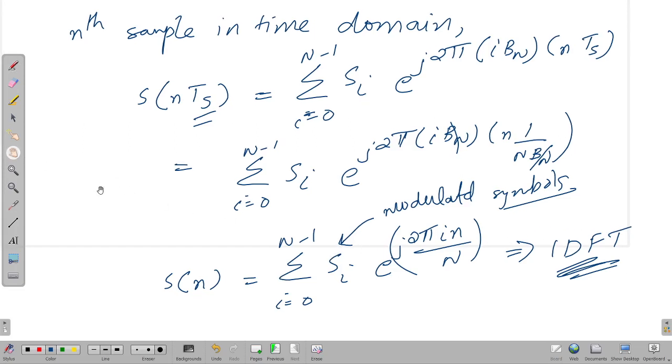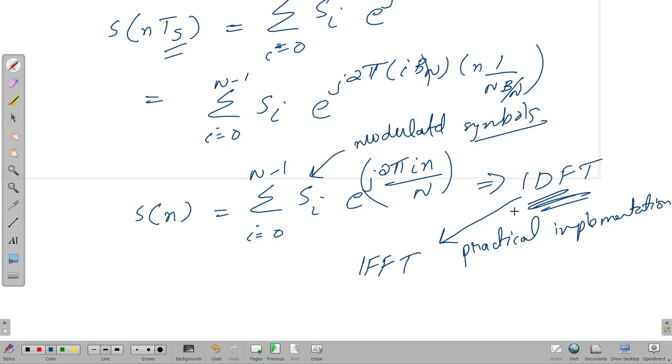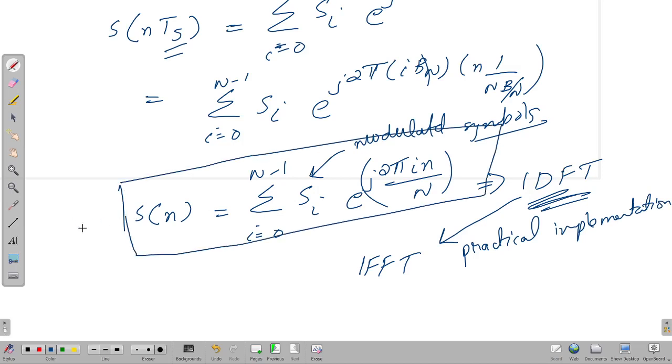And when you're practically doing this, even in simulation or in hardware, IDFT is usually implemented using IFFT because it uses a lesser number of computations. So in practical implementation, we use IFFT instead of IDFT, and you have this expression, which is the expression for the OFDM signal.